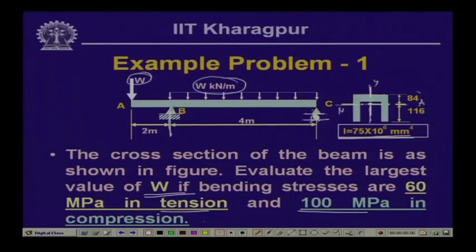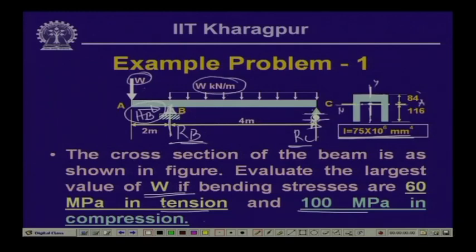So, we will have a vertical reactive force R b and a horizontal reactive force H b, and here a vertical reactive force R c. Since we do not have any horizontal force, H b equals 0. So, we will be left with R b and R c, and if you compute, R b plus R c equals W plus 4 times W.